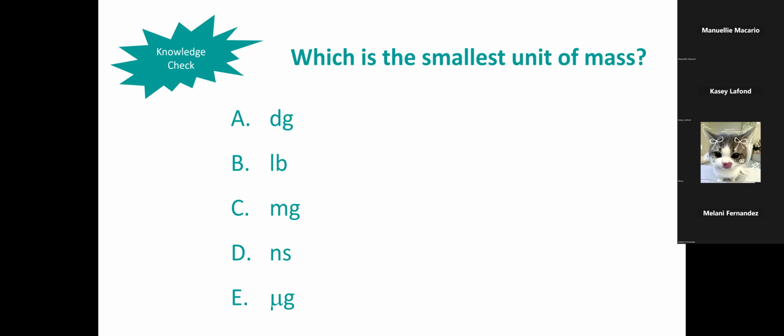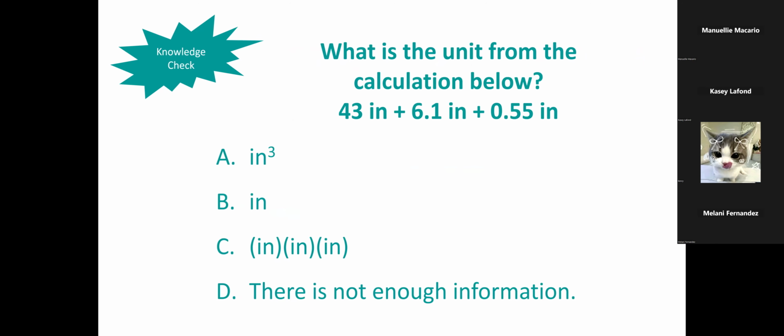All right, and how about this last one? What is our unit when we do this calculation? 43 inches plus 6.1 inches plus 0.55 inches. What is going to be our unit? All right, great.